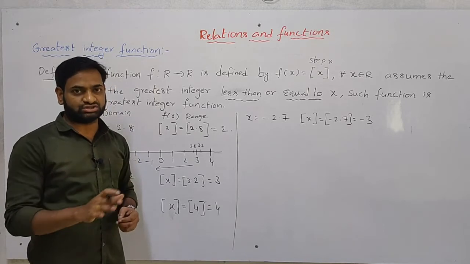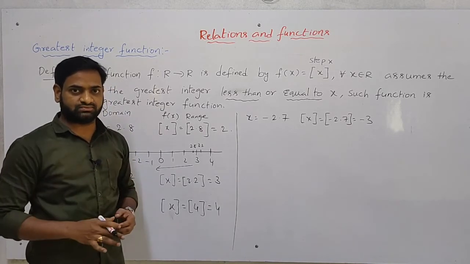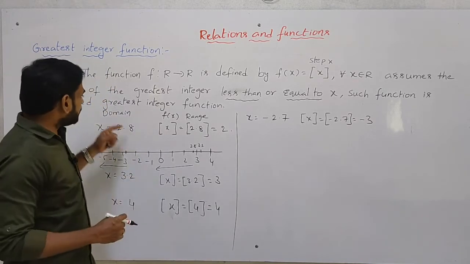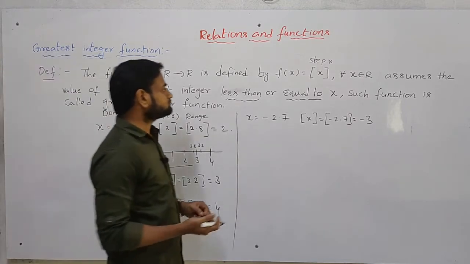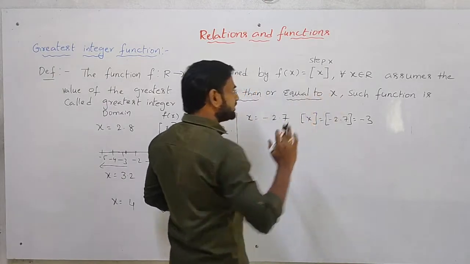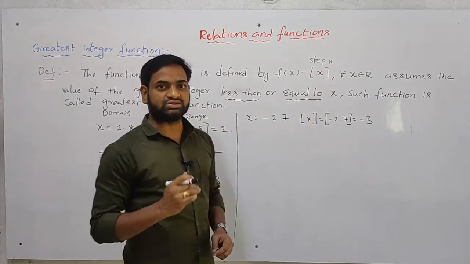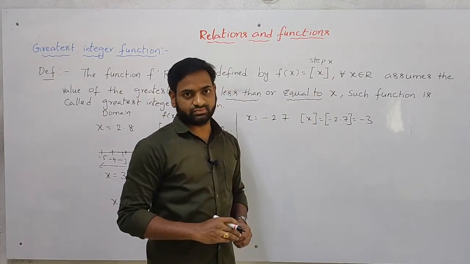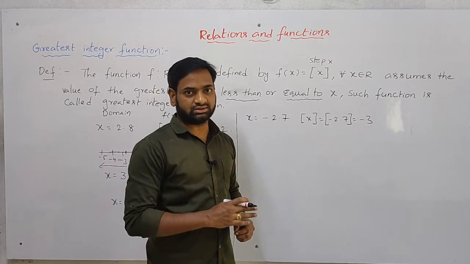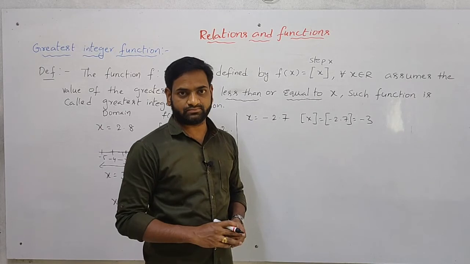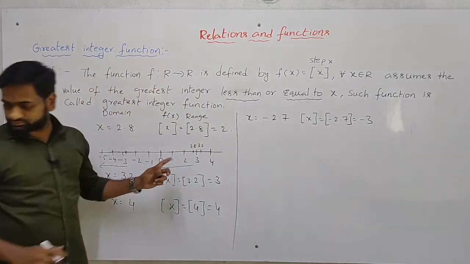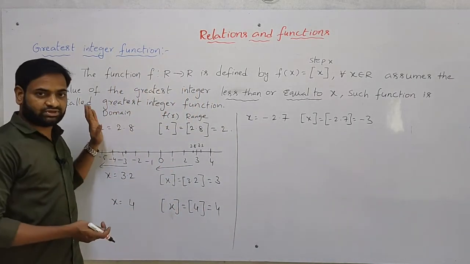There is no condition, there is no restriction. That's why domain is real numbers. Otherwise, is any denominator there? There is no denominator. When there is no denominator, then directly domain is real numbers. So okay, domain is real numbers, clear.